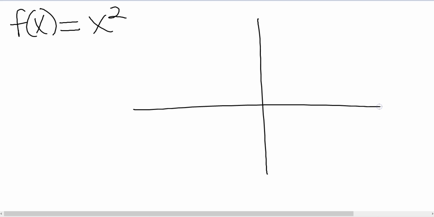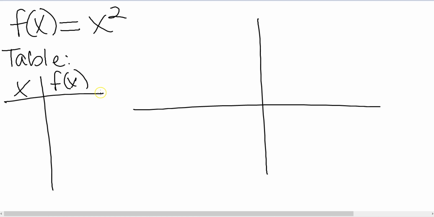So first let's focus on the parent function, f(x) equals x squared. So what does that look like? Let's make a table. So we have x and f(x).